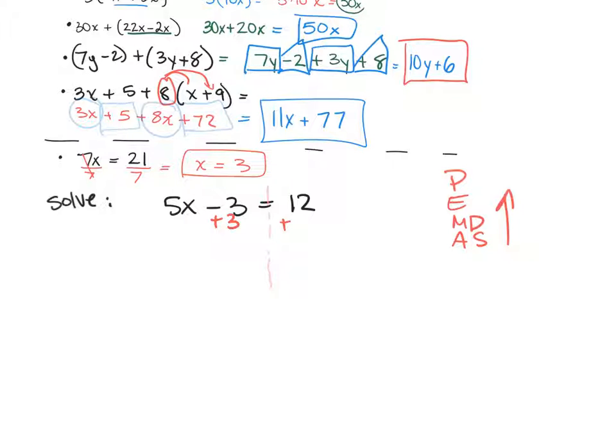Always get rid of that floating number first, that constant. And you get 5x, because the 3's canceled out, is equal to 15. And now you divide by 5 on both sides, and you get x is equal to 3. So that's the work, and that's the answer.